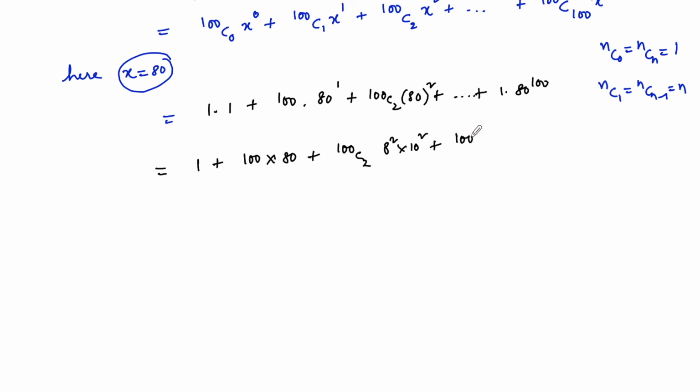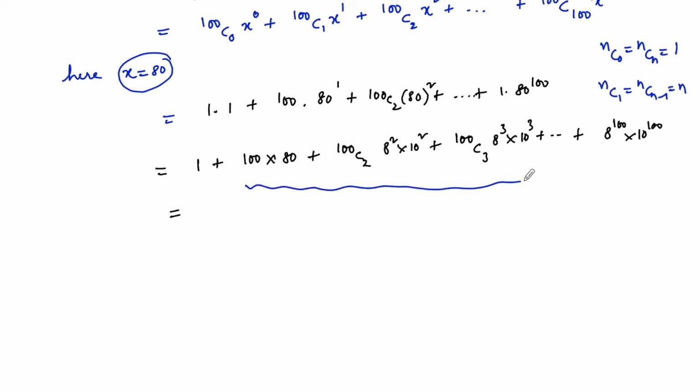If we take the third term 100C3, we will be getting 80 cube, that is 8 cube into 10 cube, and so on. 80 power 100 is 8 power 100 into 10 power 100. Very clearly we can see that from the second term to the last term we can take 100 as common. It's a multiple of 100, all the numbers.